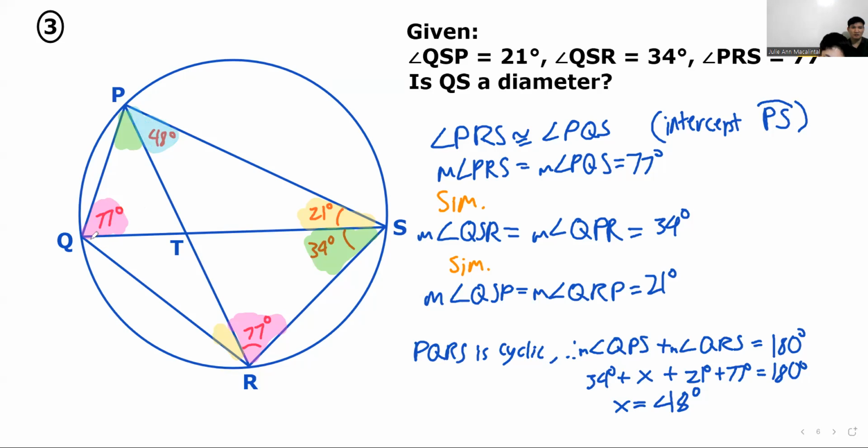Similar to earlier, they subtend the same arc RS. So another property of cyclic quadrilaterals: you can also put the values of the arcs.